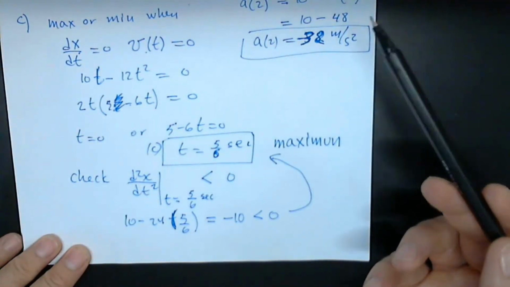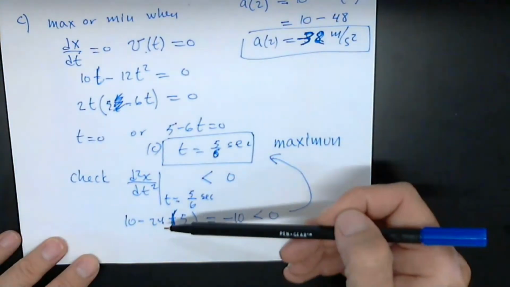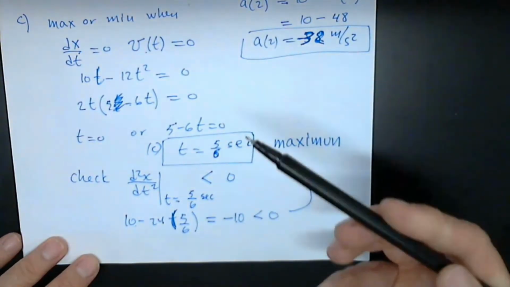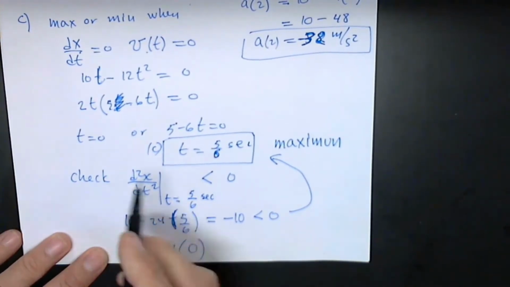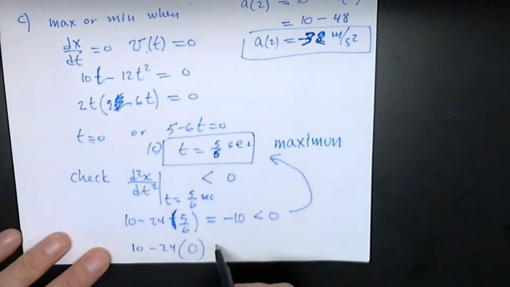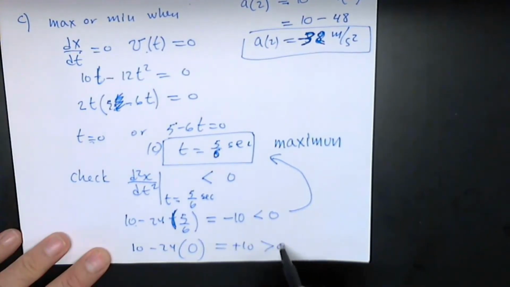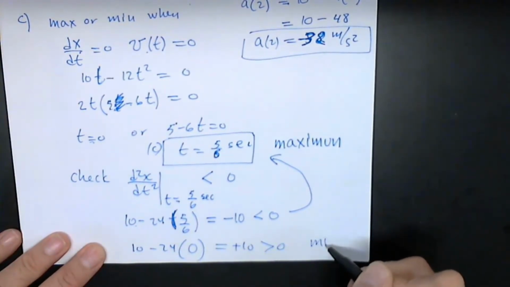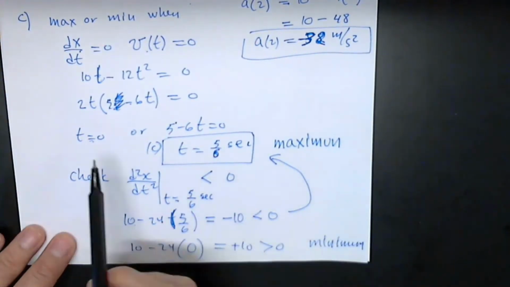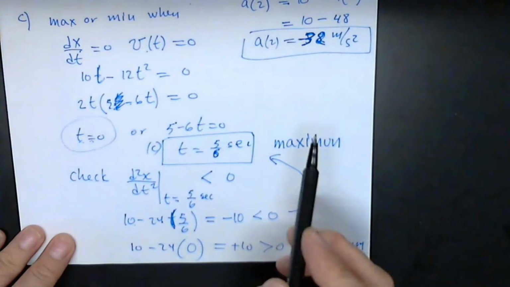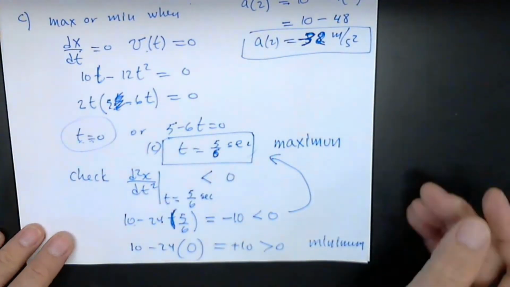At time zero, the second derivative is 10 minus 24 times 0, so you get positive 10, so it's a minimum. So at time 0 this is a minimum, and at this time it is a maximum.